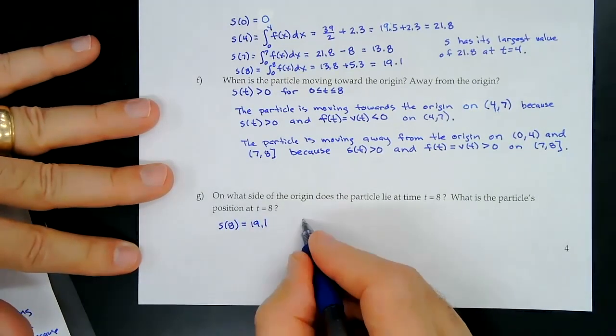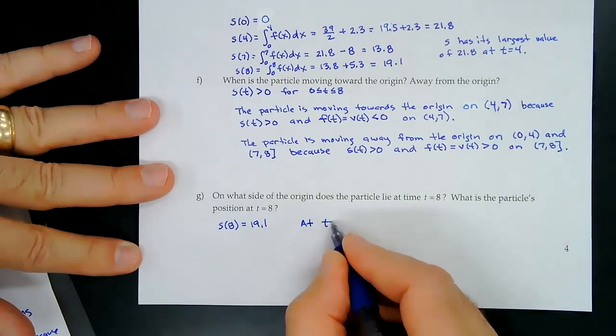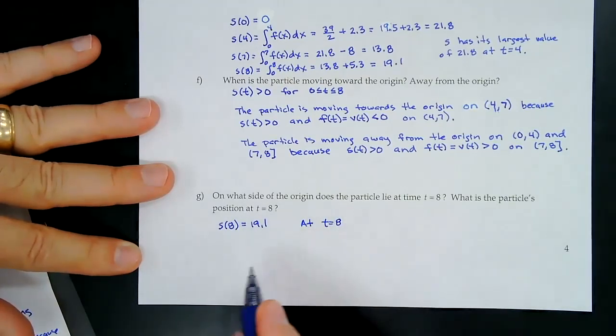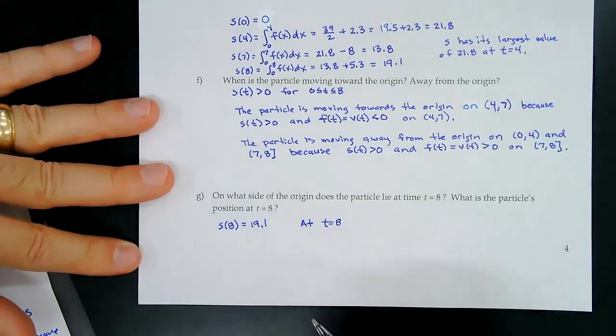And so at t equals 8, what side is it on? Well, since that position is positive, we're on the positive side of the origin, okay?